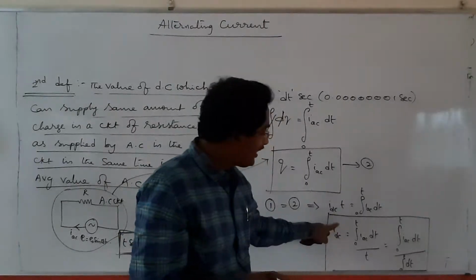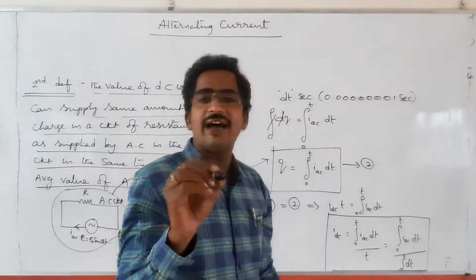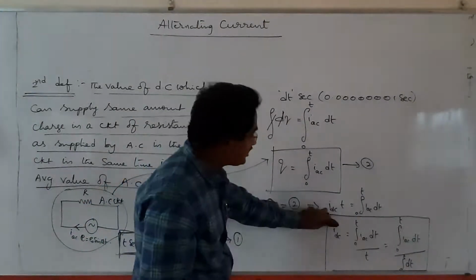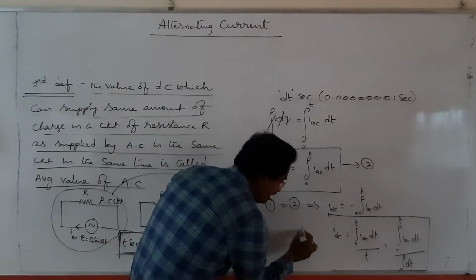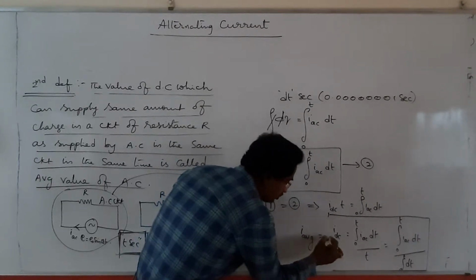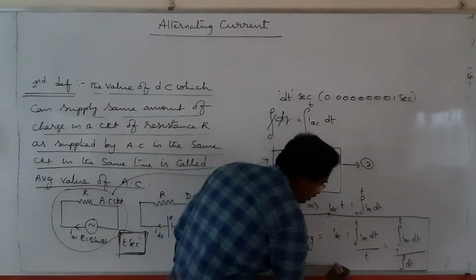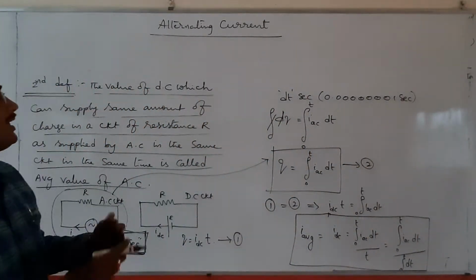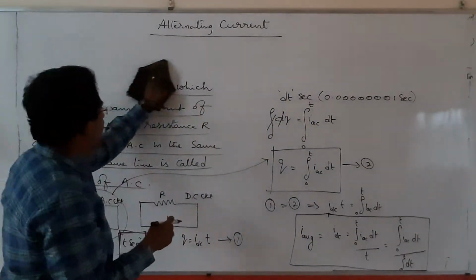By that, this IDC is called the average value of AC. So I average equal to IDC.